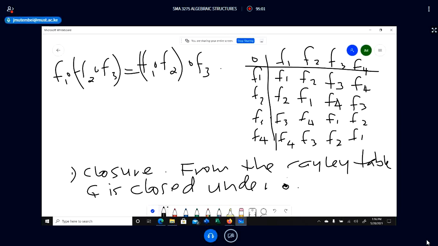Will they be equal? We work the brackets first. From the table, the intersection of F2 and F3 is this one. So we can say here F1 composite F4.